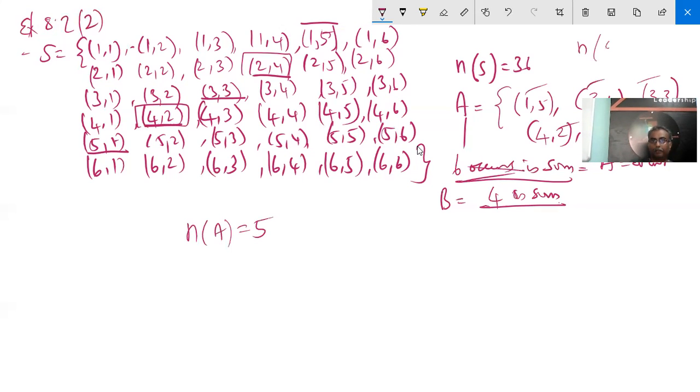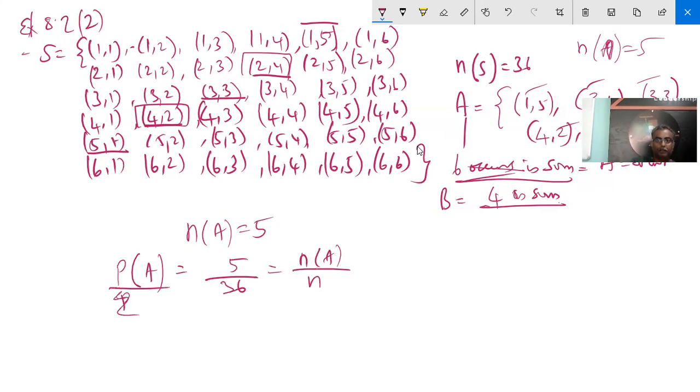So n of event A is equal to 5. So the probability that the sum is 6 is 5 divided by 36, because n of A divided by n of the sample space is 5 by 36.